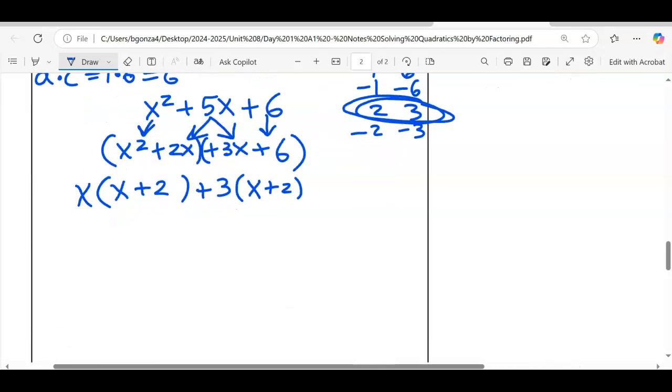Now, what we're going to do is the matching parentheses goes down here. And these coefficients are going to make their own new parentheses. Okay? So x comes down, plus 3 comes down.